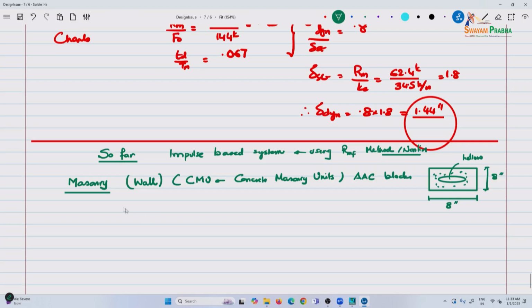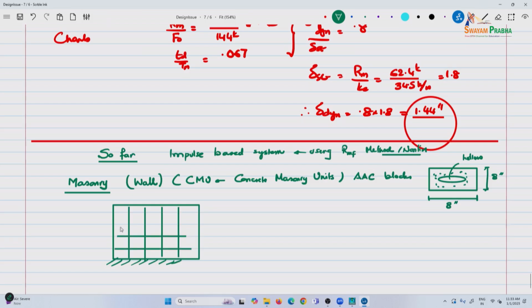So when you have a wall, and of course it depends, these blocks would be something like this, and we also say this is your wall.